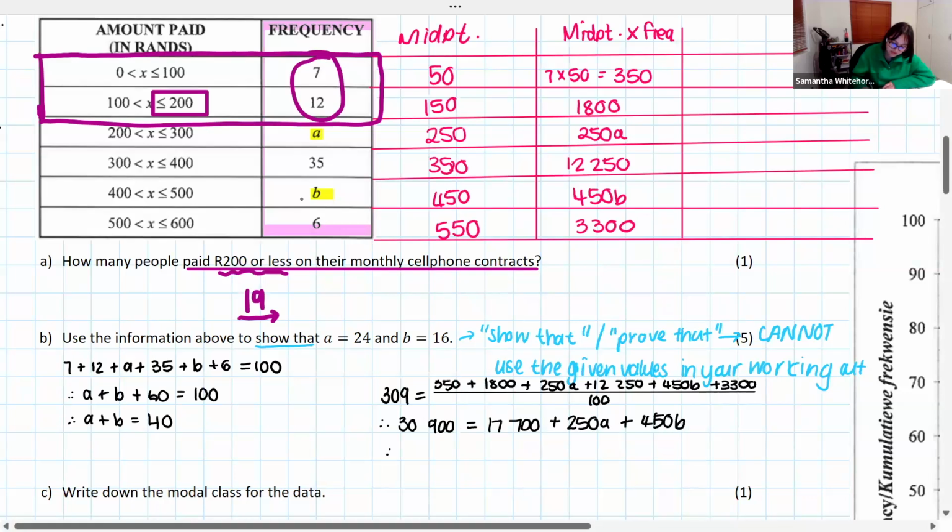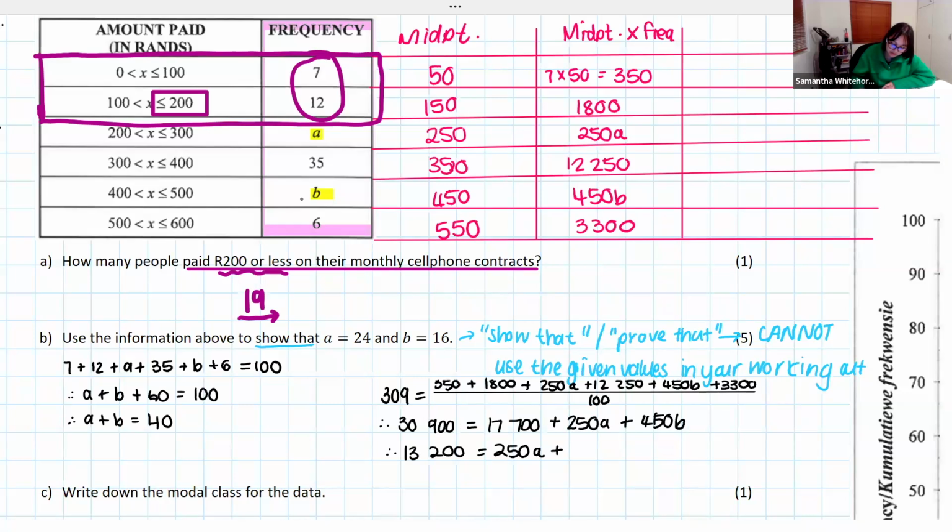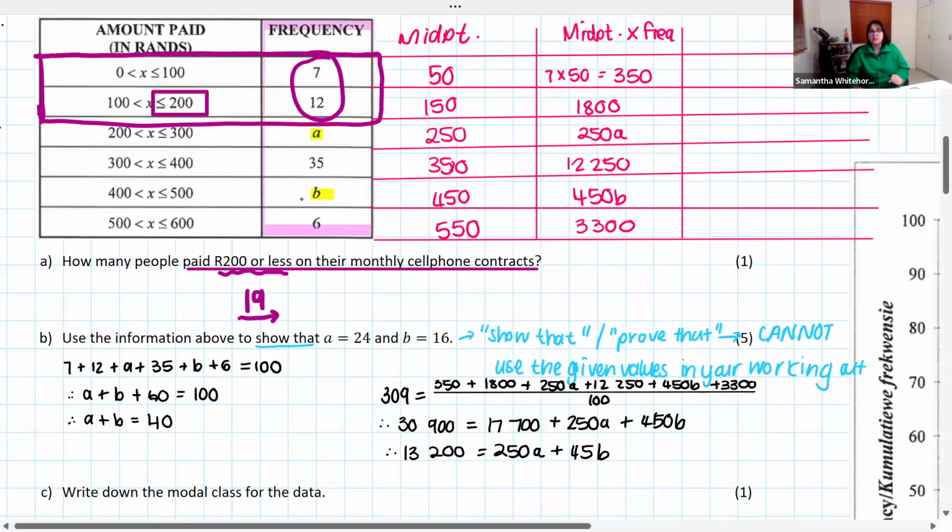I'm going to bring that 17,700 over, so subtract, giving me 13,200 is equal to my 250A plus 450B. You could divide all of that by 10 if you want, but I'm just going to stop there for a second. And what you should notice is that just by using the given information, you have set up two equations in terms of A and B.